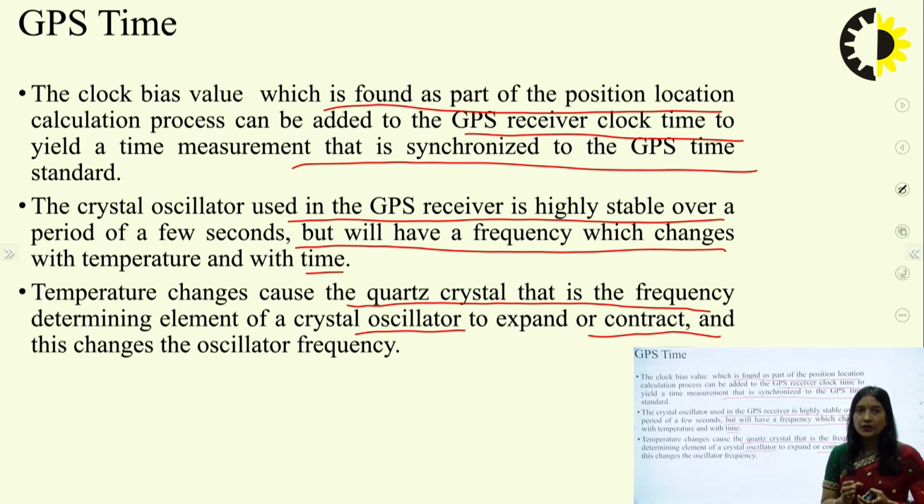In a crystal oscillator, a frequency is generated, and that frequency represents your clock. Because of the change in temperature, this clock frequency will vary, and because of that there can be some error. So that is why we need to synchronize our GPS receiver with the global time. That can be done by adding the clock offset to the actual GPS receiver time.